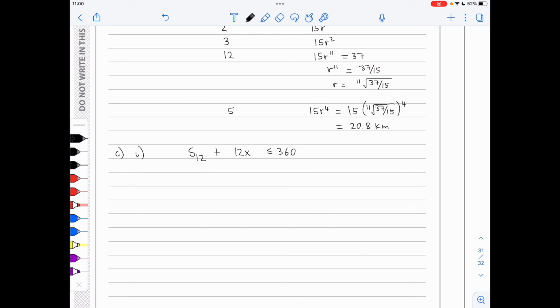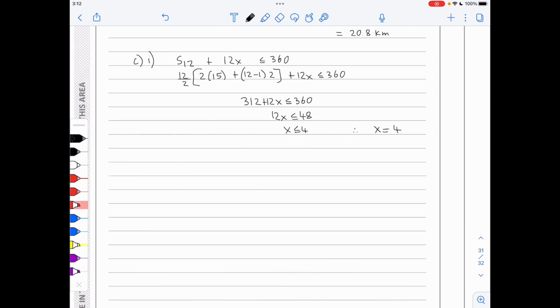The summation formula for arithmetic sequences is n over 2 (2a plus (n minus 1)d), and we found d to be 2, plus 12x less than or equal to 360. So this leads to 312 plus 12x less than or equal to 360. So 12x is less than or equal to 48. So x is less than or equal to 4. And therefore the largest integer value for x is 4.